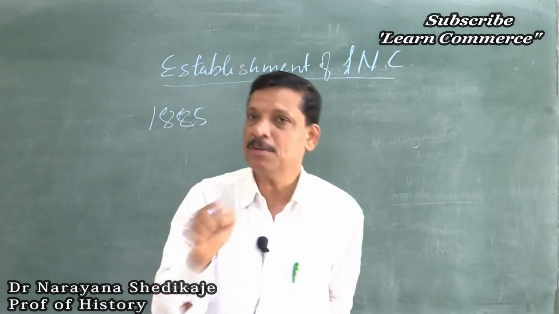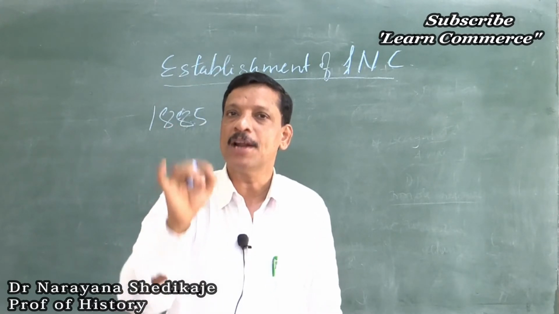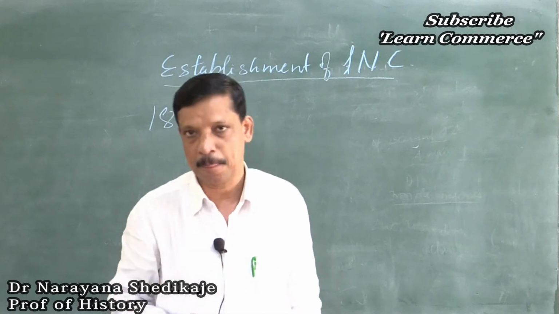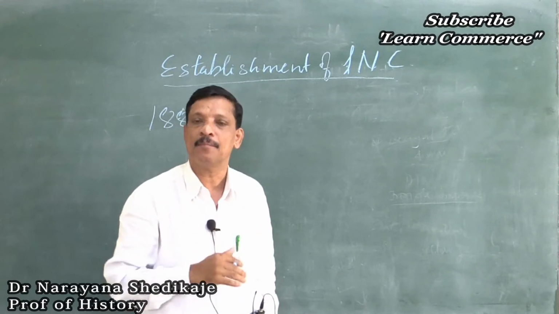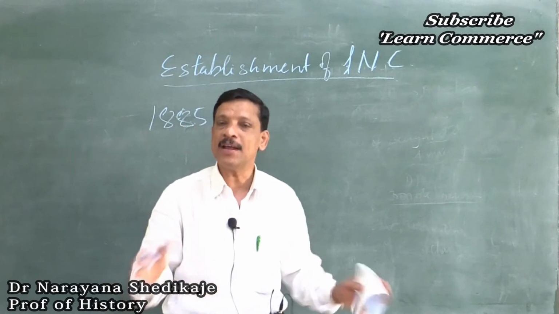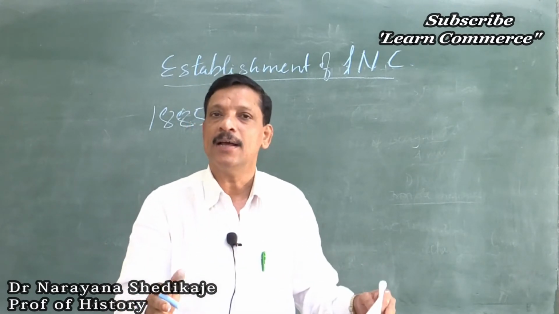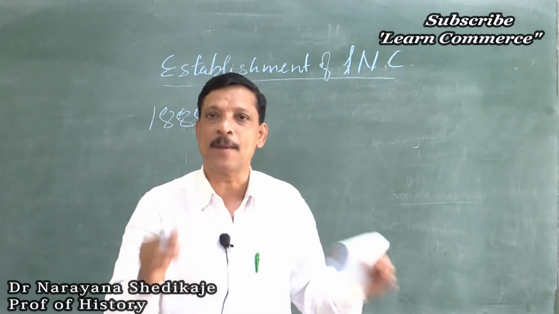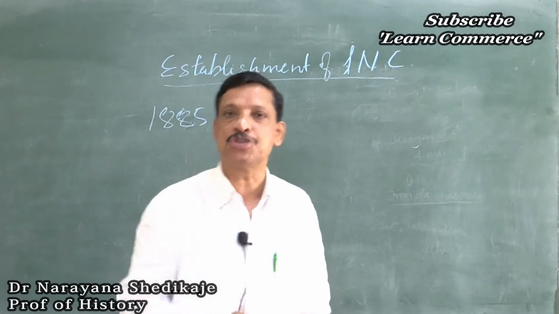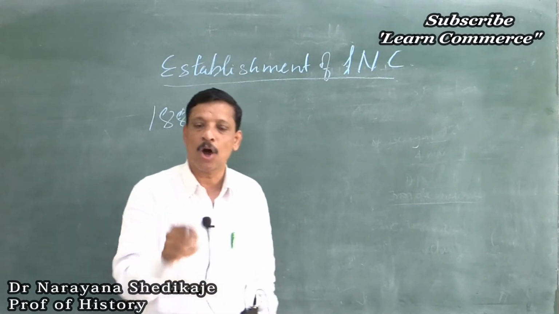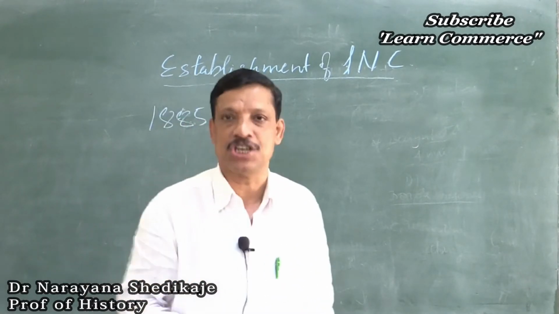But before the establishment of the Indian National Congress, there were a number of other political associations in India, and they led their movements at different times. But these political associations were located in different places, not as a whole. There was no political institution for India, no organized organization at all.